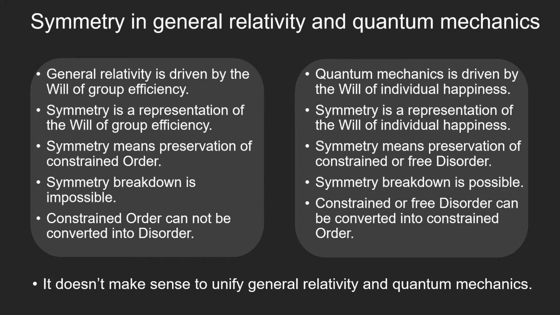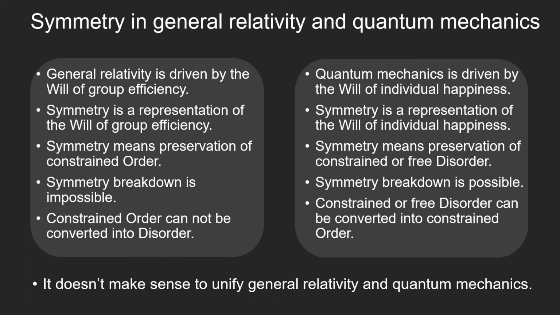On the right side, quantum mechanics is driven by the will of individual happiness. Symmetry in quantum mechanics is the representation of the will of individual happiness of the constraint or free disorder. The symmetry means preservation of constraint or free disorder.